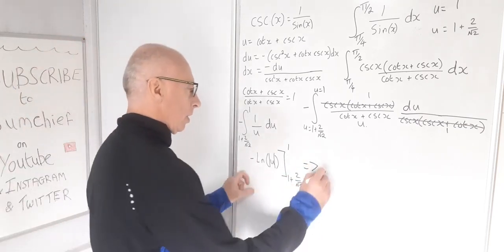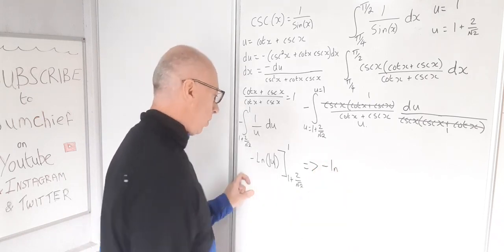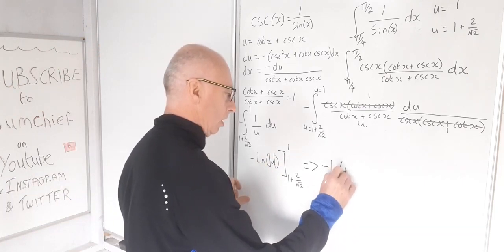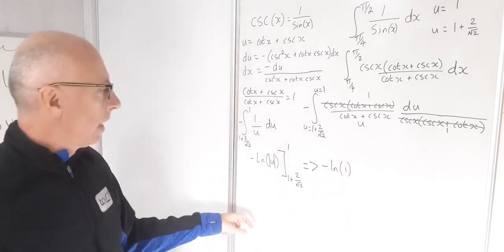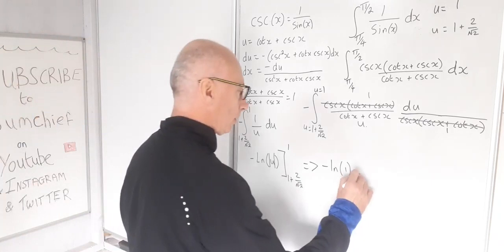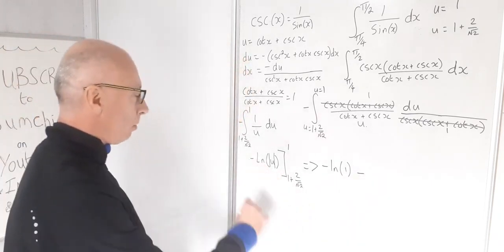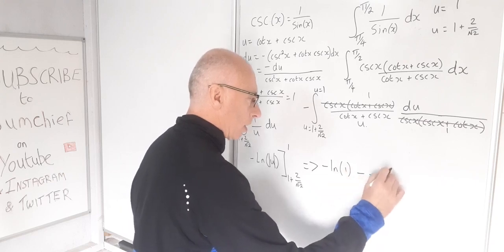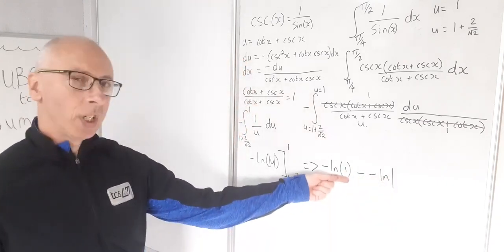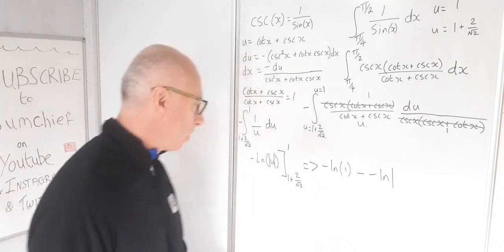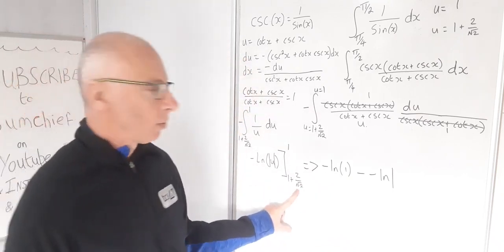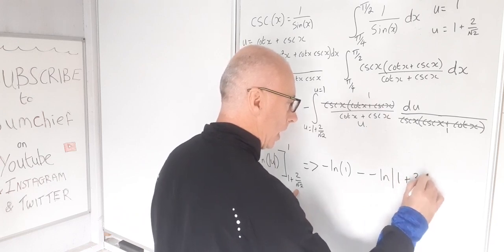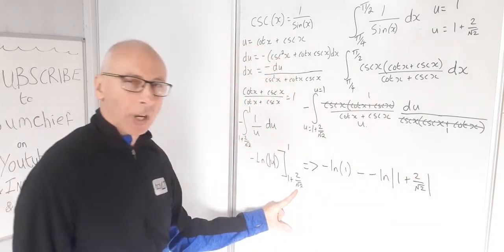So I'm going to now go negative log of u, which is negative log of 1. So negative ln 1. And then we're going to subtract our next bit, which is negative natural log. So now I'm going to put my absolute value. Just cheated a little bit there because I know natural log of 1 is going to be 0. 1 plus 2 over root 2. And I'll put my natural log in there, but I know I don't need it.